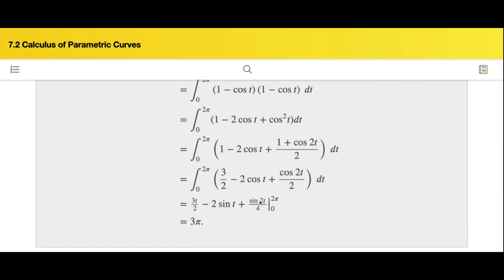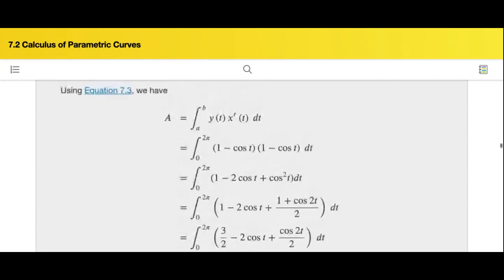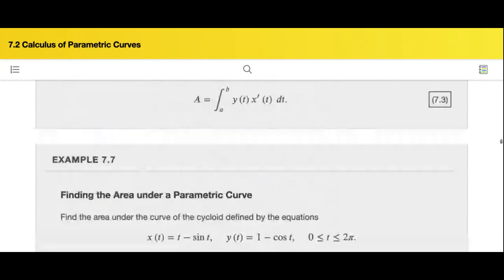And sine 2t, which is sine 4 pi, is 0. Sine 0 is 0, sine 2 times 0 is still sine 0, still 0. And so we only have the first one, 3t over 2. At t equals 2 pi, we get 6 pi over 2, which is 3 pi. Only the first term survived. So the area from 0 to 2 pi for this curve is 3 pi.